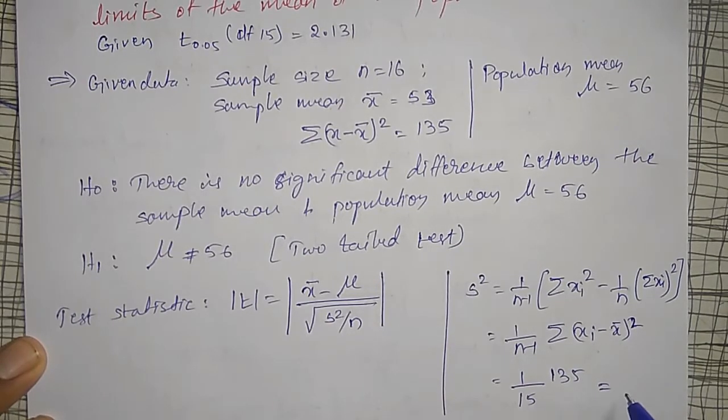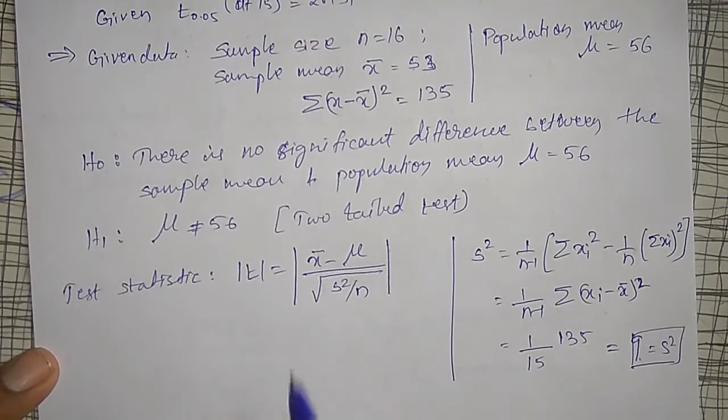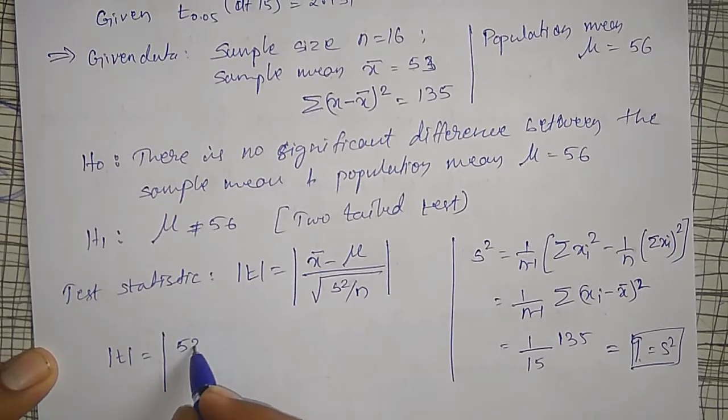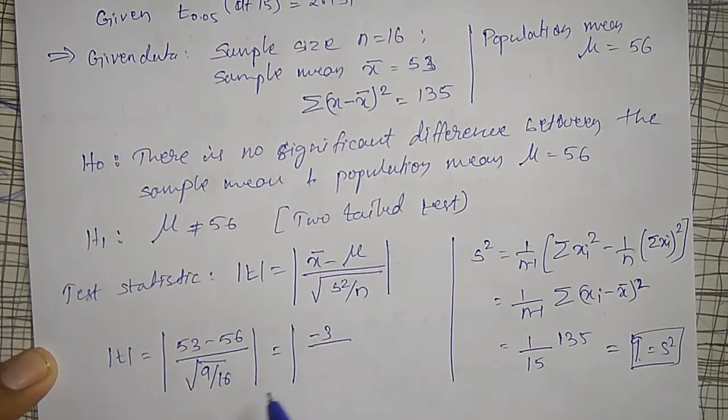and it comes out to be 9. Okay, s square is equal to 9. Therefore, substituting here, modulus of t is equal to x bar, 53 minus 56, divided by square root of 9 divided by 16, which is minus 3 divided by 3 by 4.